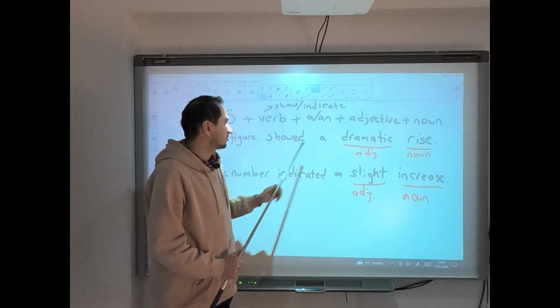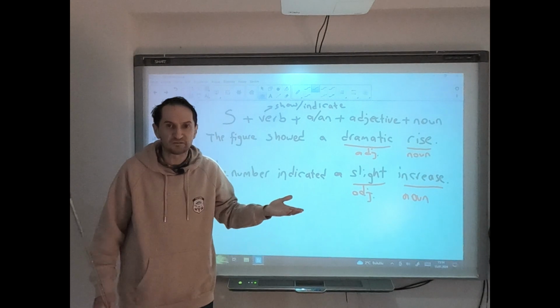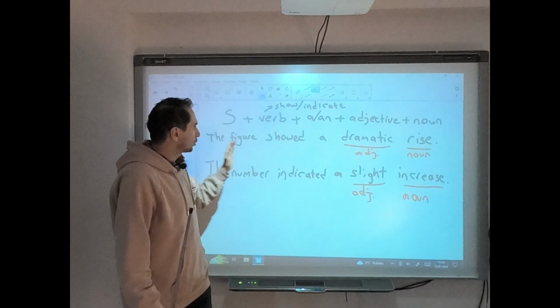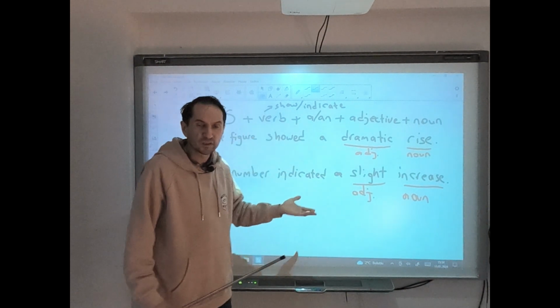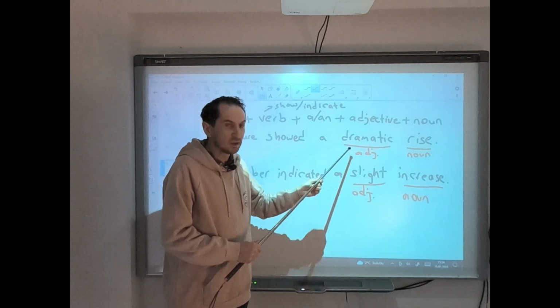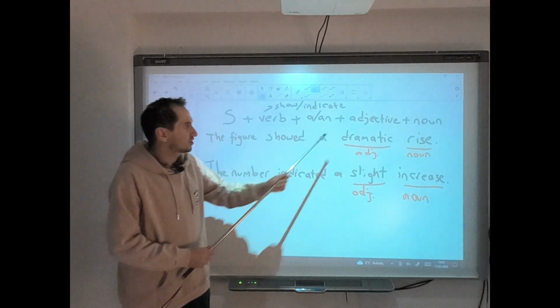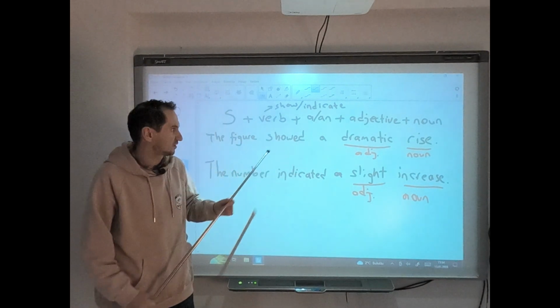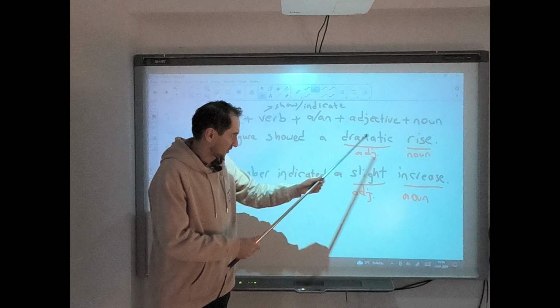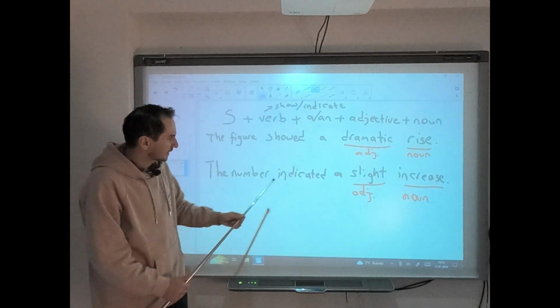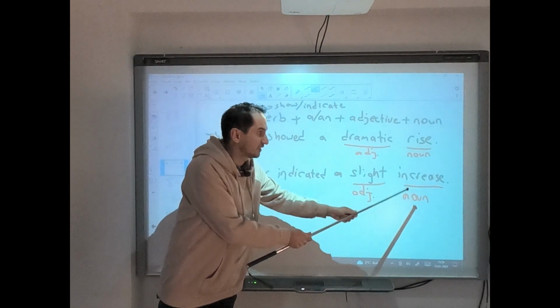I mean, if you don't know, if it's just a regular rise, you can just say the figure showed a rise. If you want to describe this change, and then you can put another adjective in front, so you can say the figure showed a dramatic rise or the number indicated a slight increase, okay.